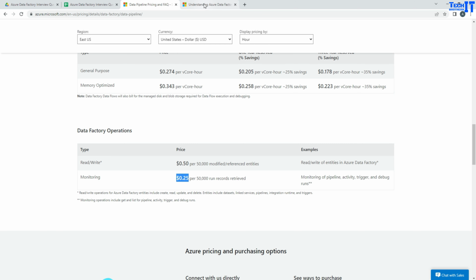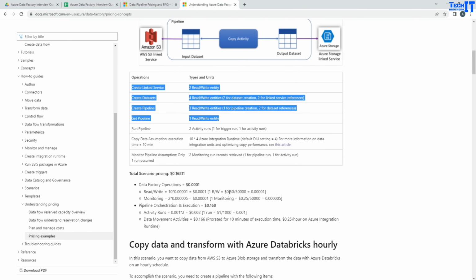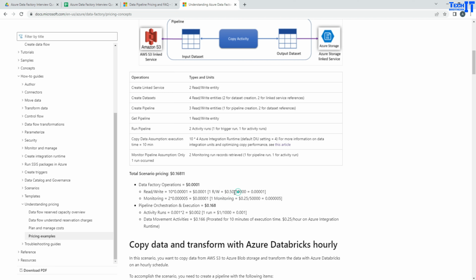So in the other tab, if you see right there, this person has taken those 50,000 with the 50 cents divided by 50,000, he got the read-write cost for 1. So this is the cost for read-write for 1 operation right there. Okay, so he multiplied the read-write. So if you notice here, this is 10, right? So 2, 4, and then this becomes 6, then 9 and 10.